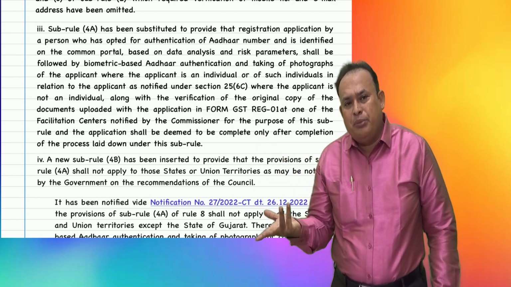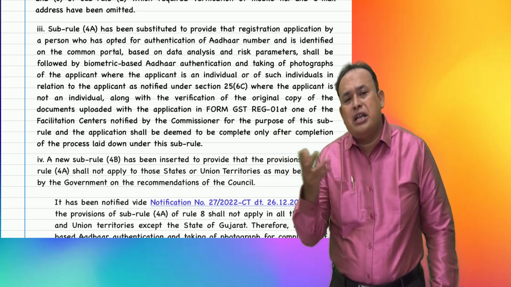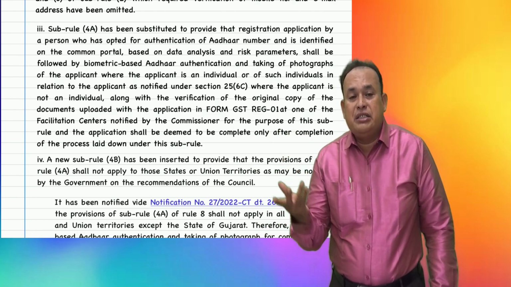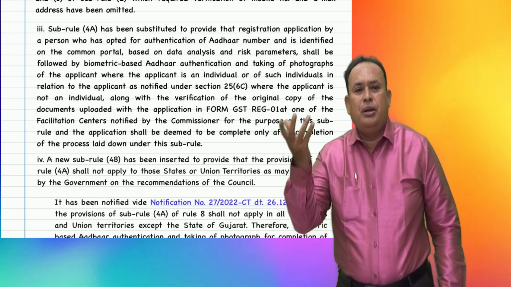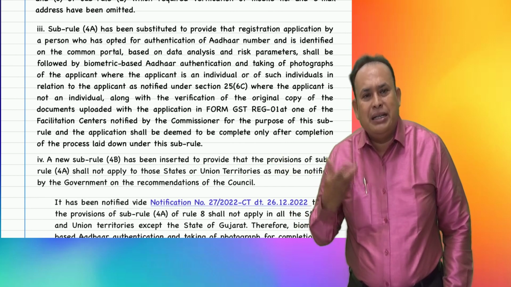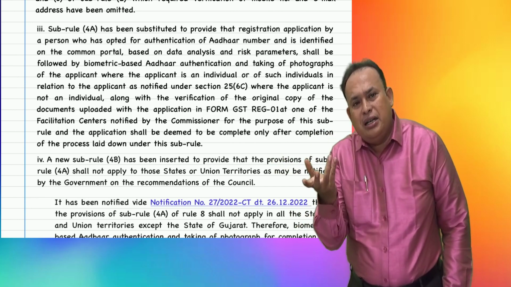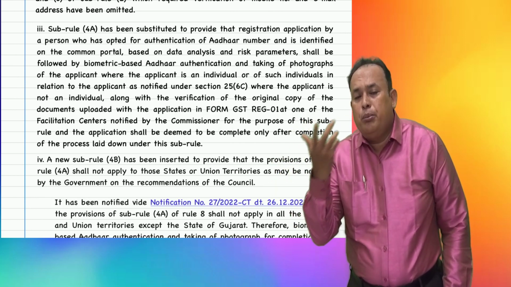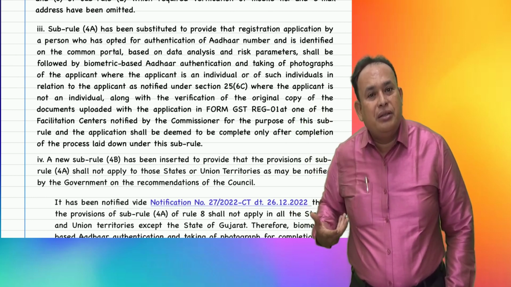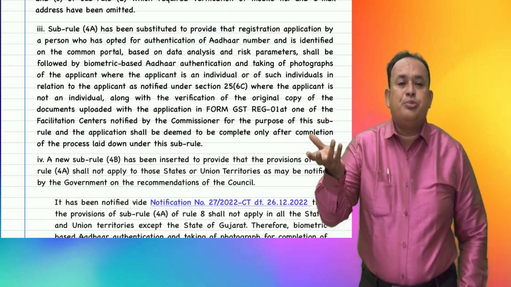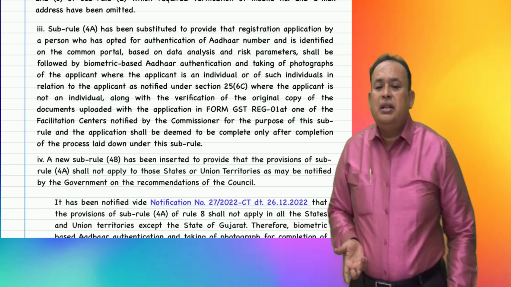Where the applicant is a corporate company, the concerned person gives his Aadhaar authentication: X Limited is not an individual, but the Aadhaar number of the individual who is a whole-time director of X Limited is authenticated.